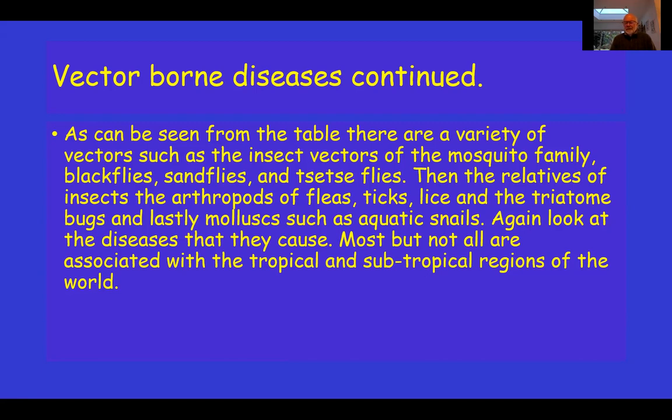So it was never a good thing to eat wild watercress. Now, again, looking at diseases that can be transmitted, most, but not all, are associated with tropical and subtropical regions of the world.